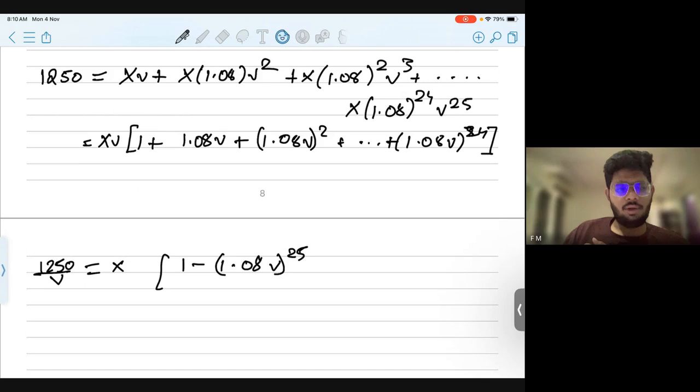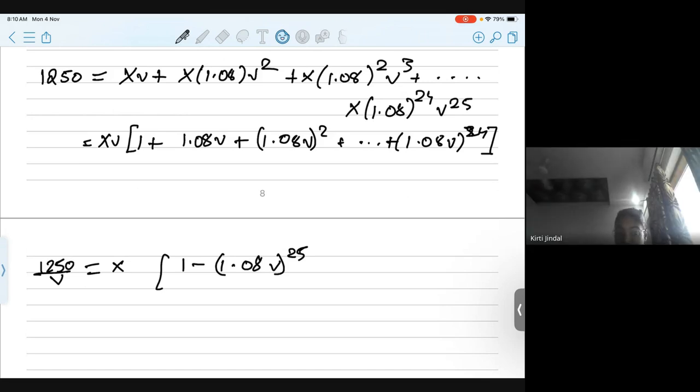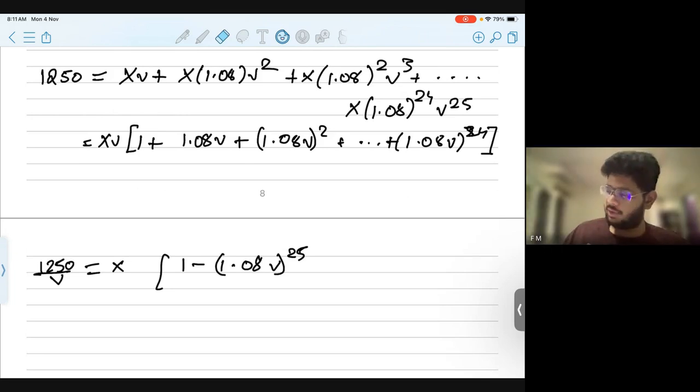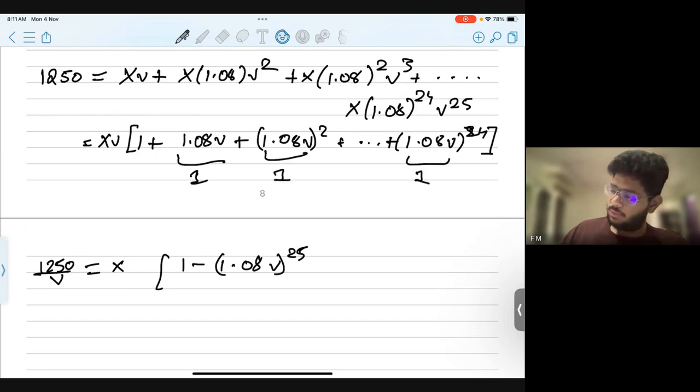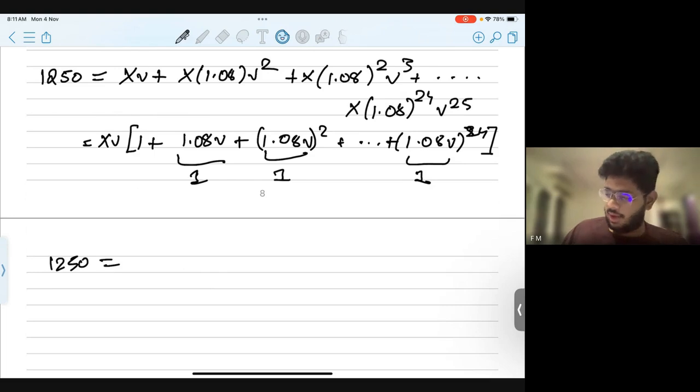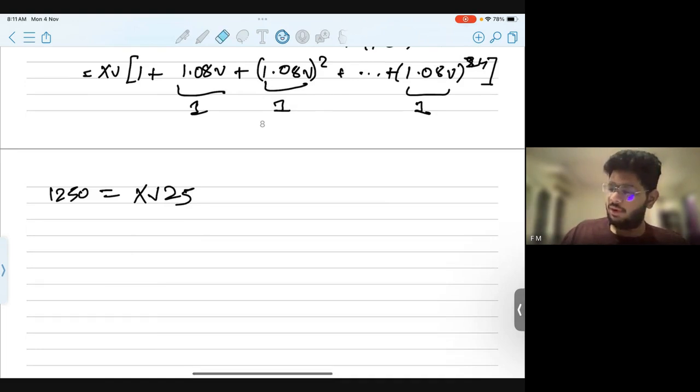What is the value of v? 0.08, sorry, that's the value of i. The values of v and i are the same here, so 1.08 v simply becomes 1. So all of these things are equal to 1, and this simply becomes X. 1250 is equal to X v25. Don't just blindly go applying the formula.